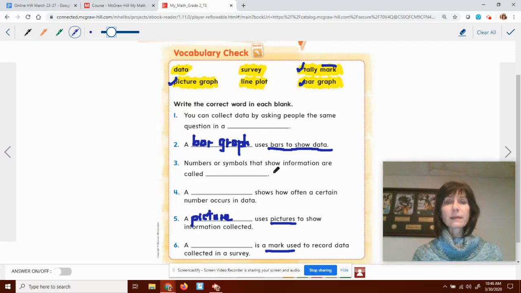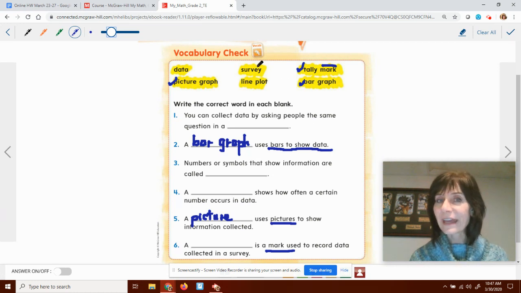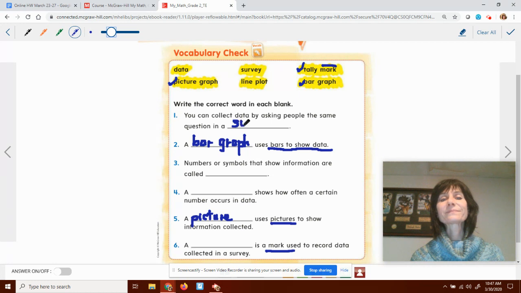So let's check and see which words I haven't used. Data, survey, line plot. And let's go back to my 3 blanks. Let's start with the first one. You can collect data by asking people the same question in if I'm asking everybody, I'm taking if you said survey, you are correct.